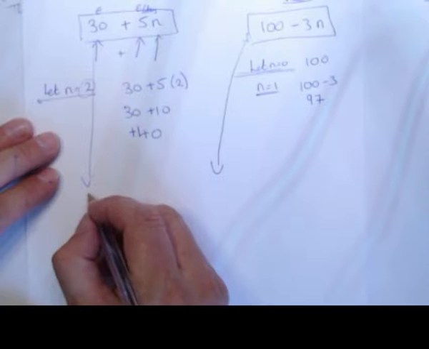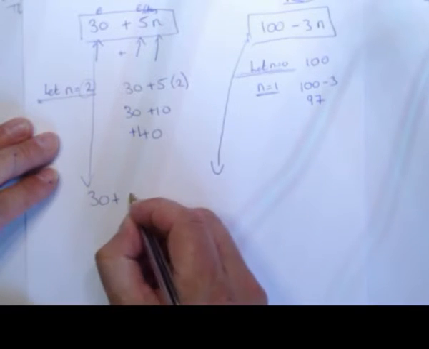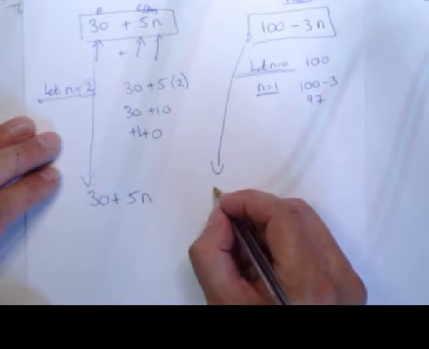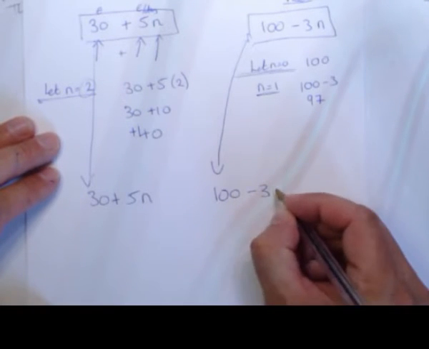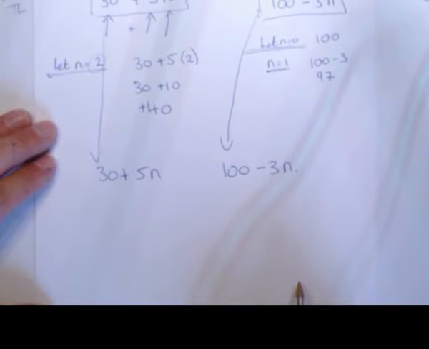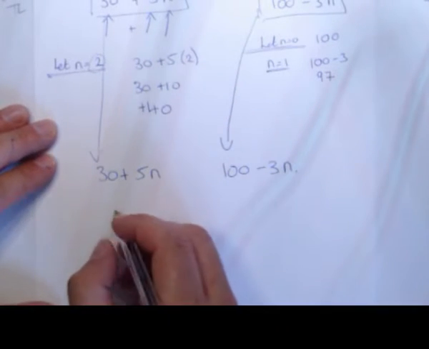So the first day, John has €30 and gains €5 every day after that. On the first day, the other person has €100 and is losing €3 every day. So what happens when we combine those things together? We're going to be adding the money they have.